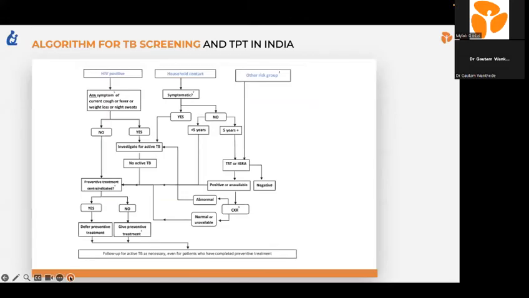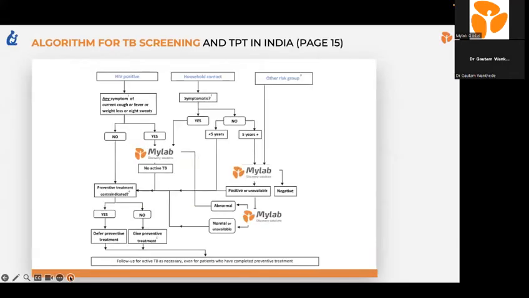So this is one of the algorithms given out by the NTEP, National Tuberculosis Program. Whether it's diagnosing patients with active tuberculosis, latent tuberculosis, or a lesion in the lung with an X-ray, MyLab has a large number of solutions which can fit various parts of the TB spectrum.